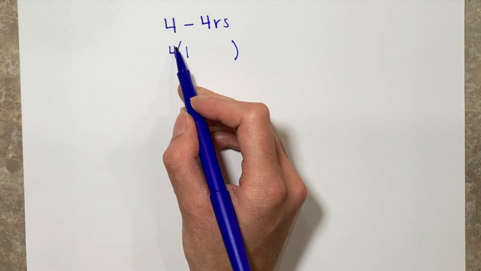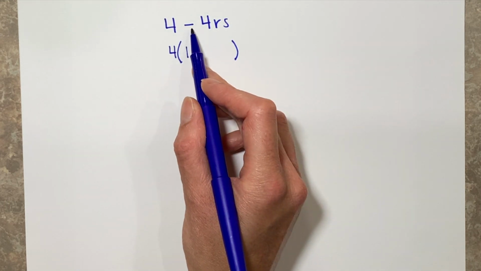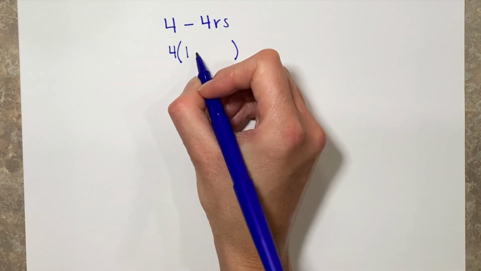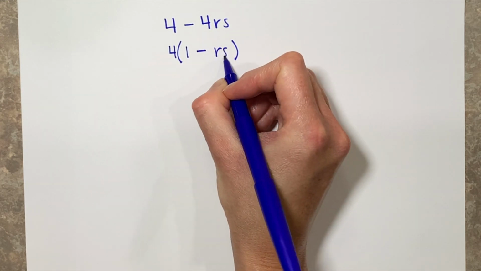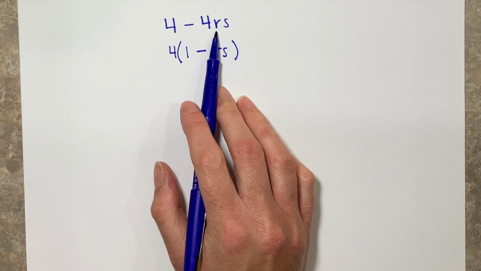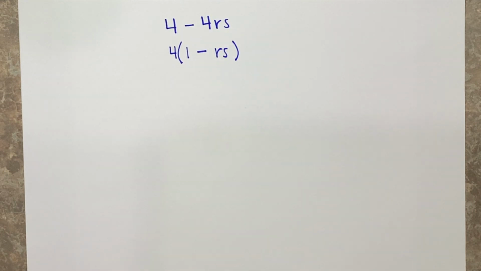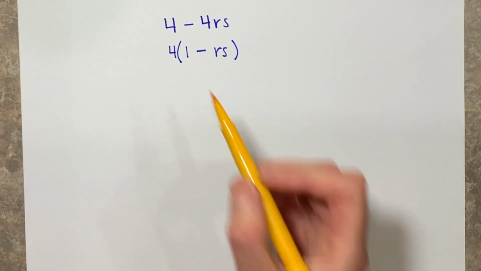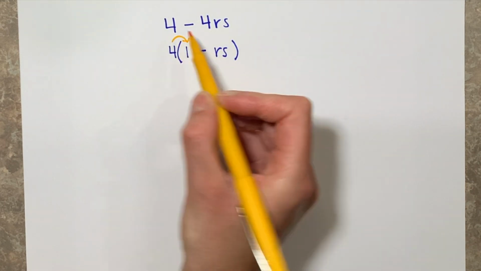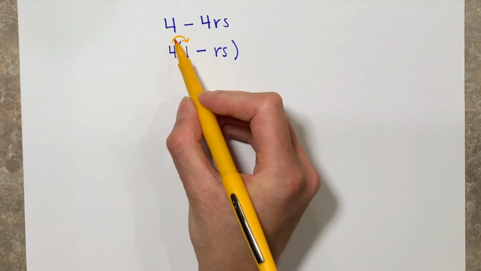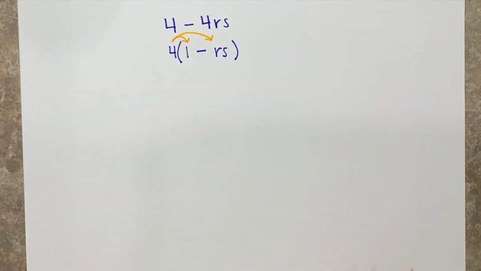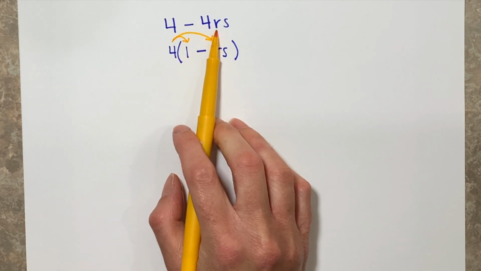And then we ask ourselves, 4 times what gives us our negative 4RS? Well, 4 times negative RS gives us our negative 4RS. Whenever you're factoring, you can always check your work by distributing and making sure you get back to your original problem. So if we took the 4 times the 1, we would get 4. And if you take 4 times negative RS, we get negative 4RS.